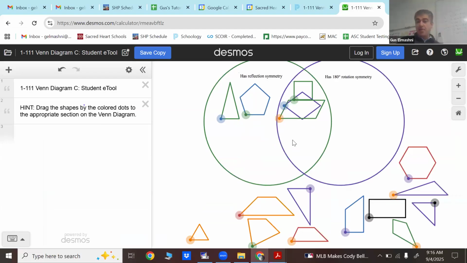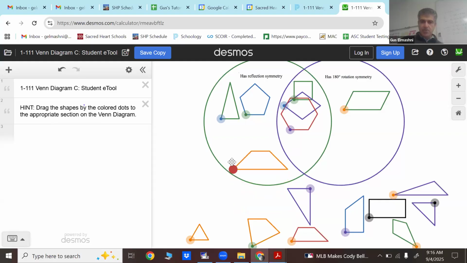Anyhow, that should be, hold on, just rotation, yeah. Hex. Yeah. Hexagon has both. This one, if it's isosceles, should just have reflection.